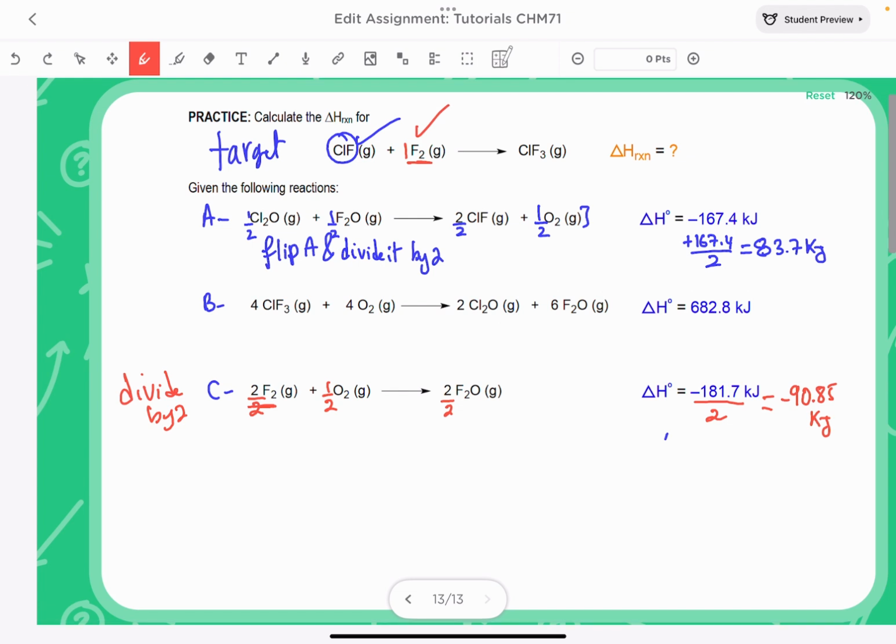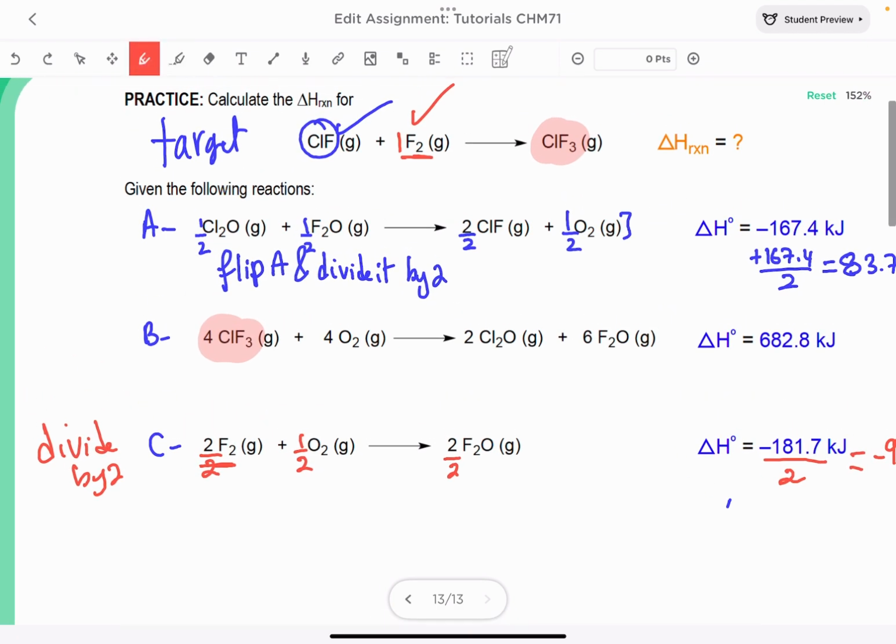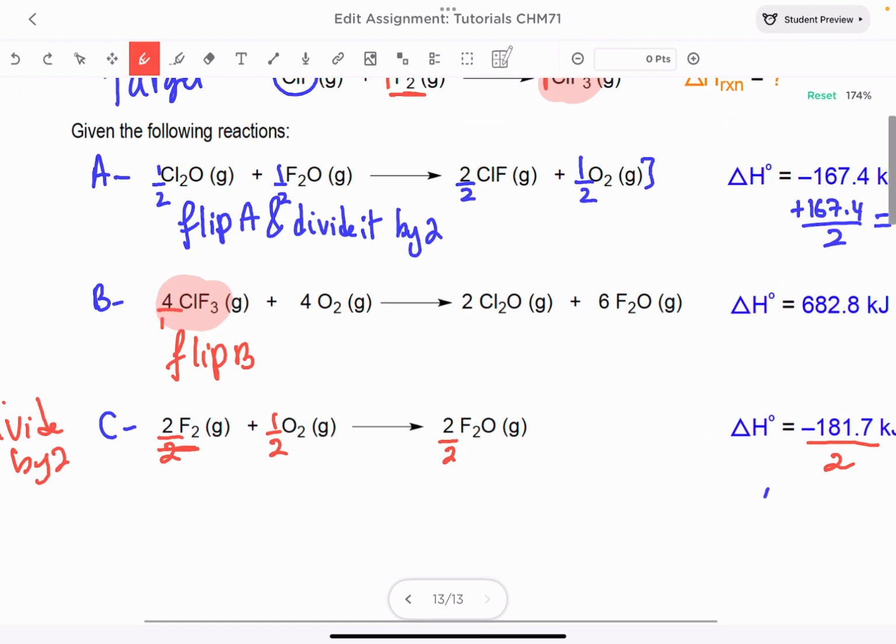Now, let's look for ClF3. ClF3 is over here. It's in equation B. First of all, I need it to be a product. So I need to flip reaction B. Not just that, I need it 1, and here I have it 4. So I need to flip and divide by 4.